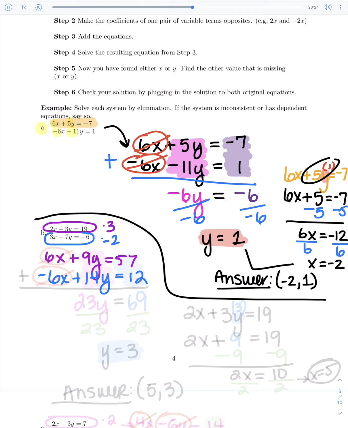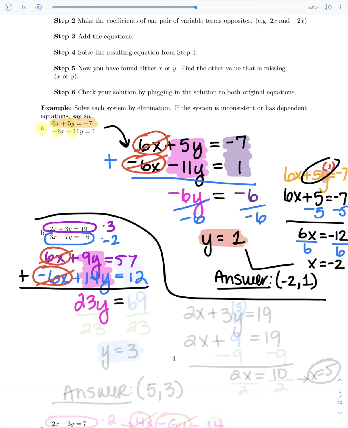Then I'll just add my equations. That's what elimination wants me to do. Now again, remember, we're doing elimination so that they will cancel out, and that's what happens with the positive 6x and negative 6x. Then we have the 9y and the 14y, which will just get added normally to become 23y, equals, on the other side, what do we have?